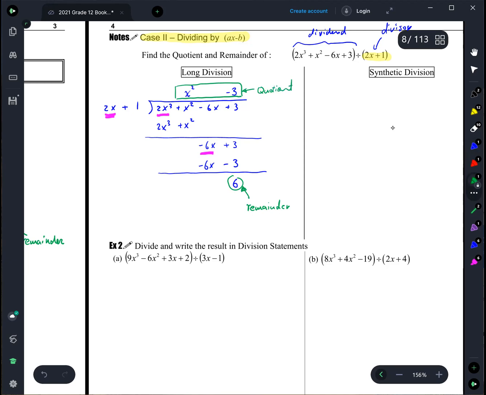If we connect everything together, there's something called a division statement that combines all the important components together in one line. So we can write it down here, you should still have a space: division statement.